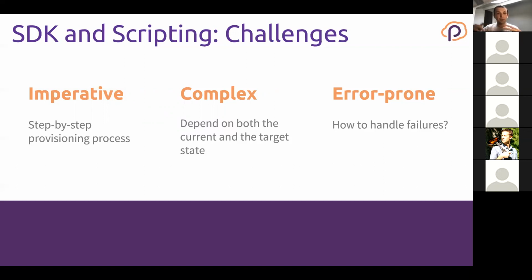And then you manage multiple environments, so you get some conditionals in there, and it gets very complicated. Also, if your script fails somewhere in the middle, you don't really know if you can run it again and get the same result, or what's the current state of your environment, how to recover from that failure, and so on. So it's also error prone and hard to manage.